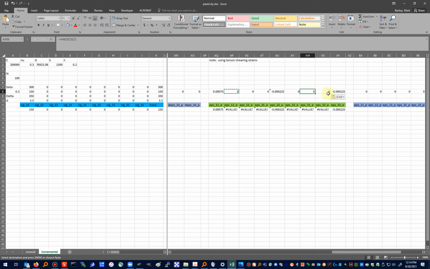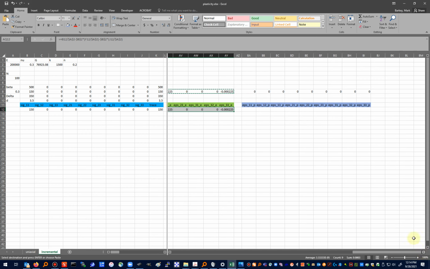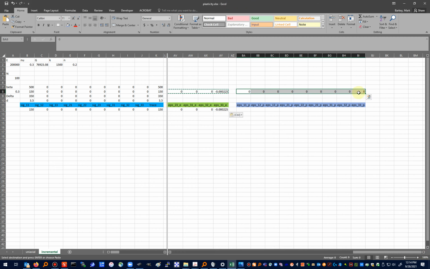Okay, so now I'm on the right line. All right. So here's my starting stress. Here is my starting strain. My plastic strain is all 0 when I'm right on the yield surface. And then my total strain, let's set up the symbols for that.